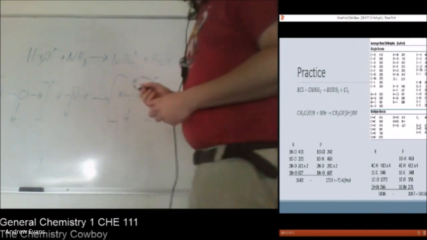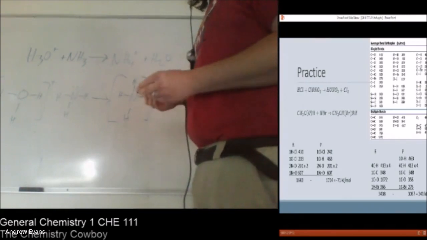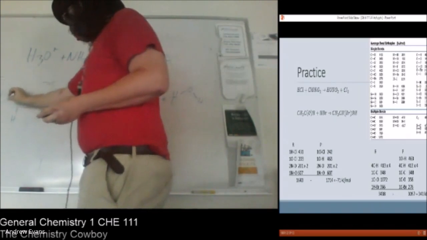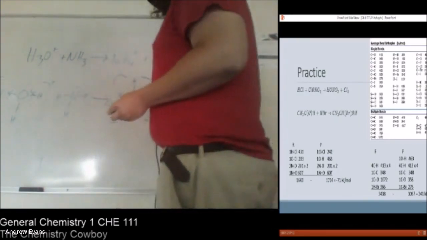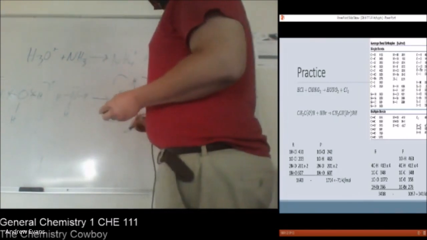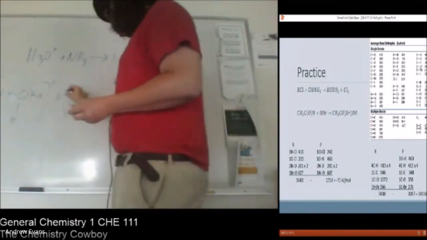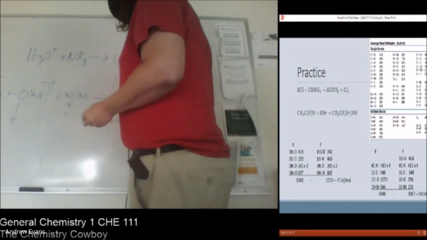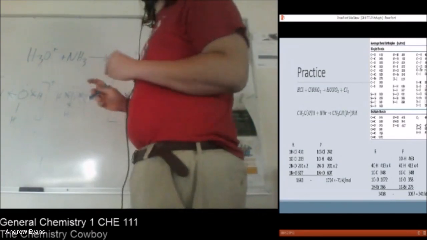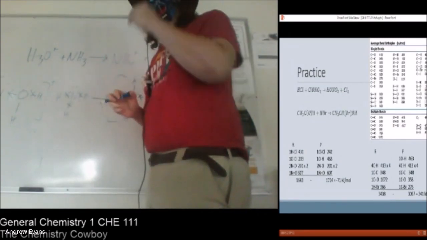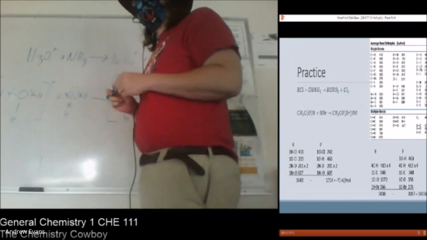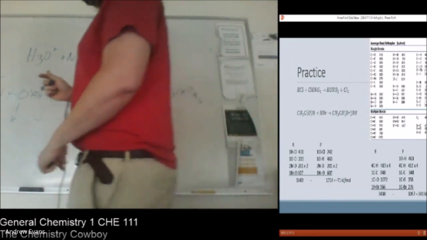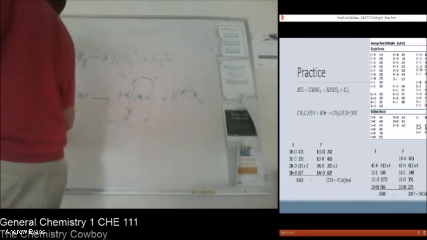So what's the only real thing that's changing here? I can cross off 2 OH bonds. I can cross off 3 NH bonds. So what's the only thing that's changing? We are switching from an OH bond to an NH bond. So OH bond has 463.